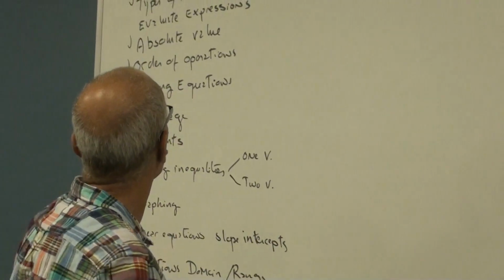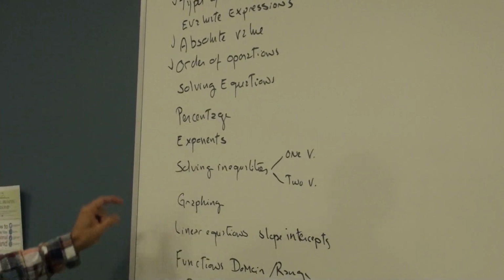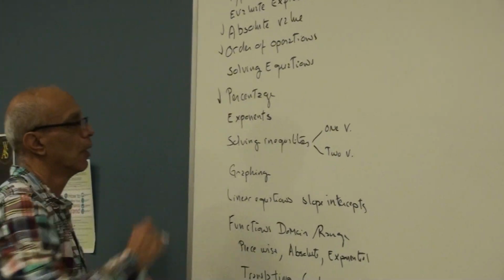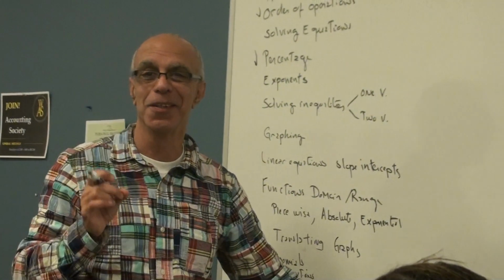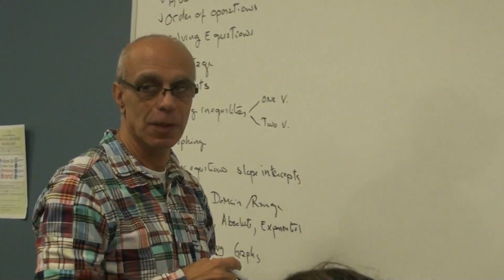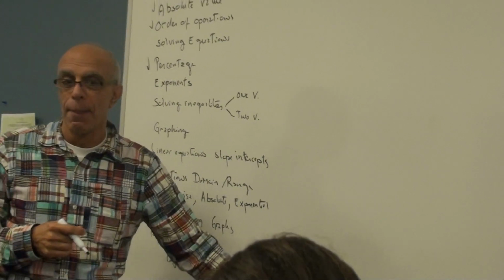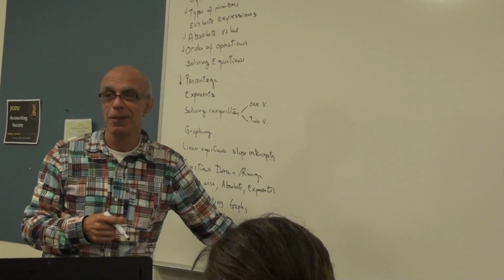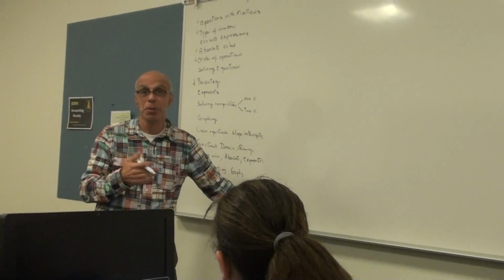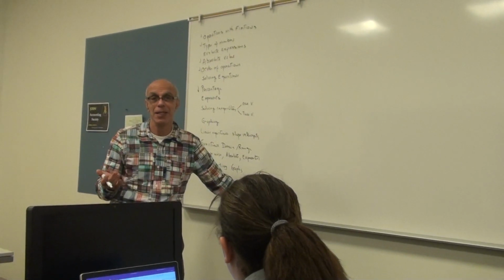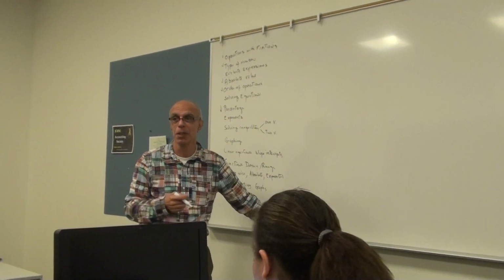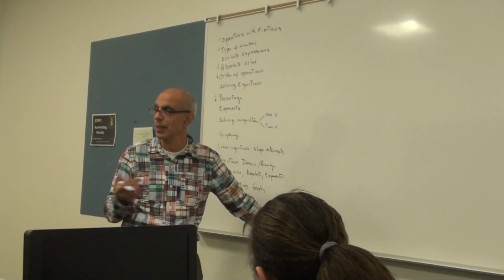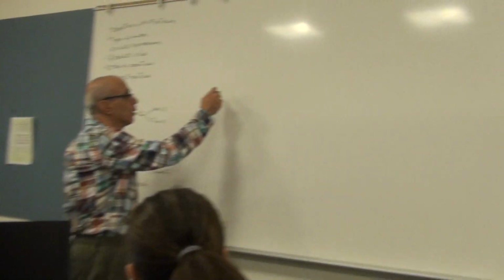All right. The next topic is percentage. Very important not to miss this one, okay? What is percentage? Per cent means per 100, right? So whatever we have, let's say I have $250.